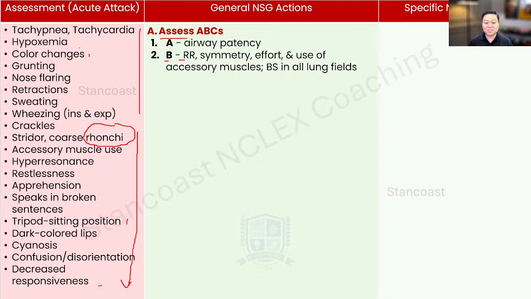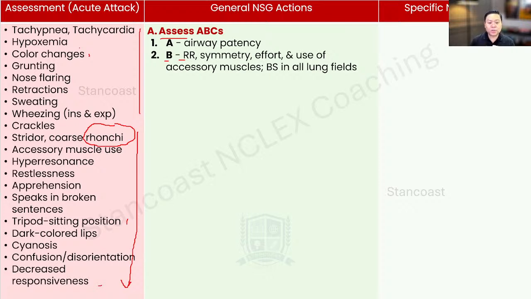That's flail chest. Now, pay attention to the use of the accessory muscles, especially the intercostal, supraclavicular, and sternal muscles. Take a look if the patient is using a whole lot of those extra muscles, because this is a sign that they're really having air hunger. They're not getting the oxygen that they need.